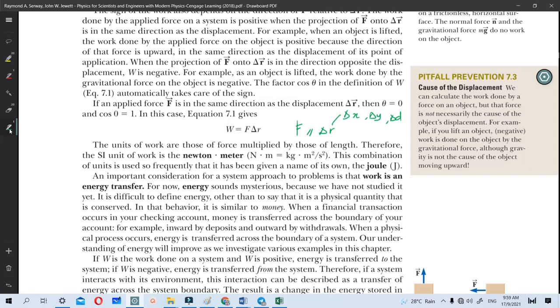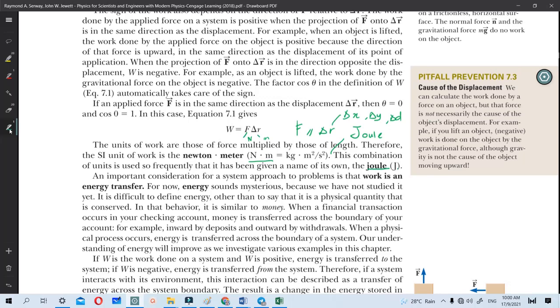Another thing to note is that F must be a constant value, one single value. If it does change, then we can't use the expression, so we must use a graph. Another thing to note: this is Newton, this is meter, so the unit is Newton meter, and it's also correct to say Joule.